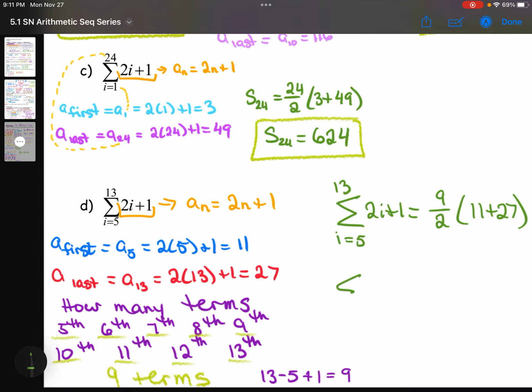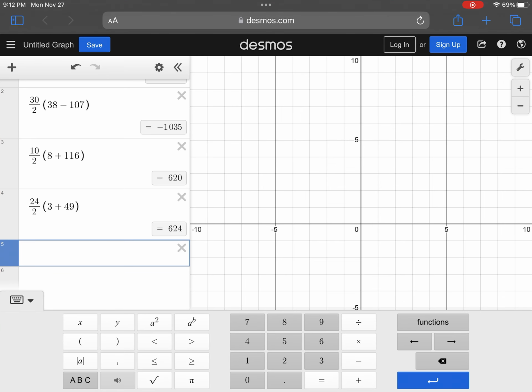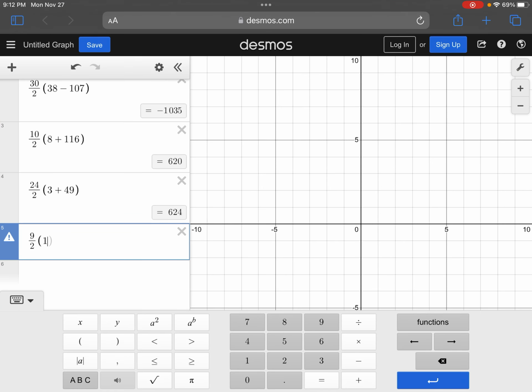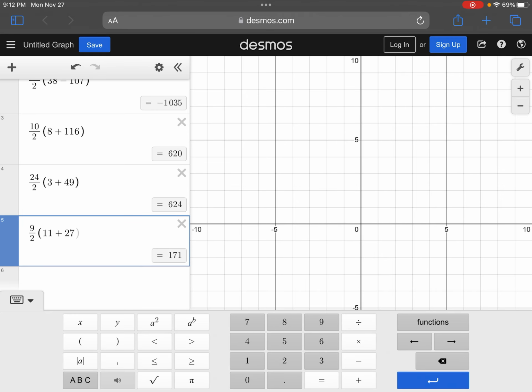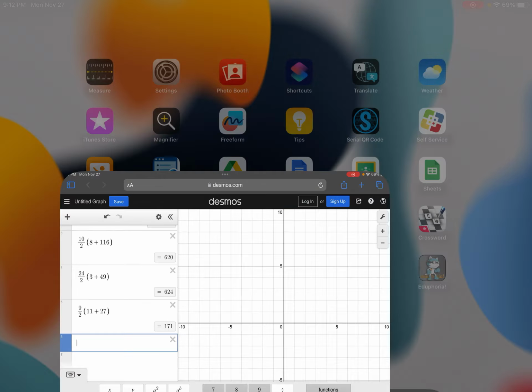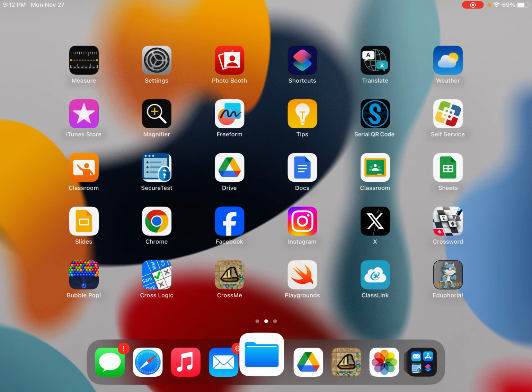So the sum of those terms is, sorry, there needs to be a 2i plus 1. That sum is 9 over 2 times 11 plus 27. And that is 171. Sum of those terms is 171.